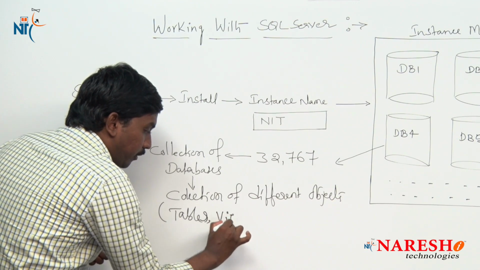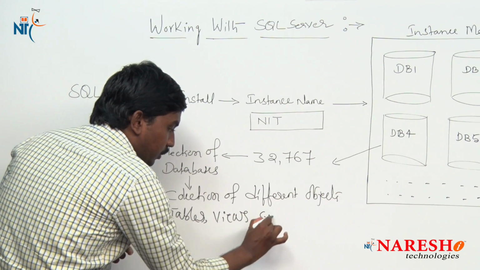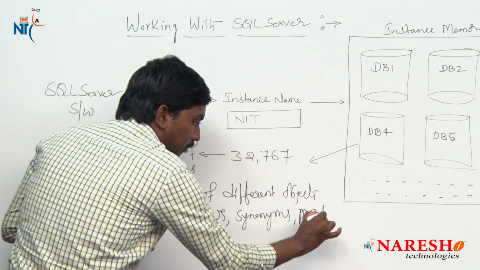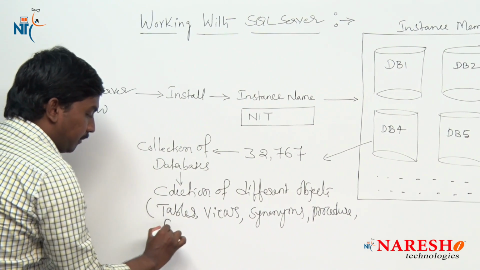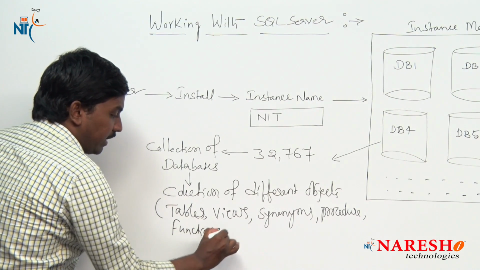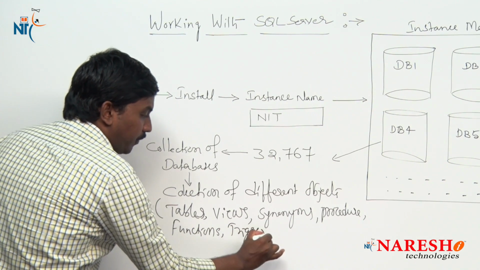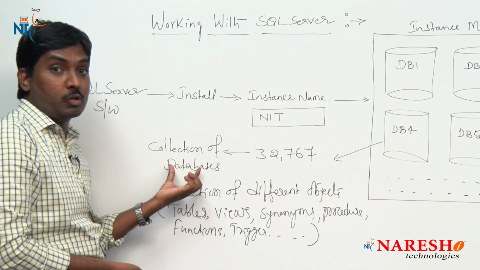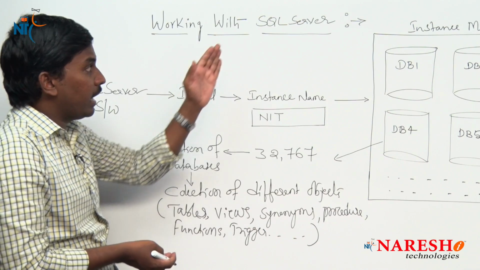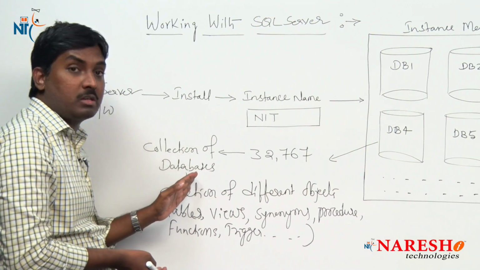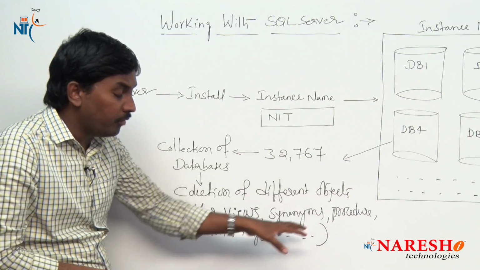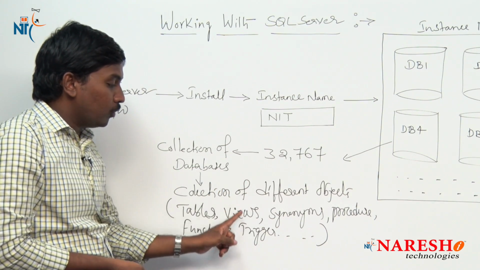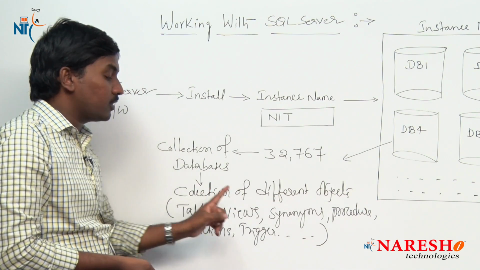Otherwise, I can create views, synonyms, procedures, functions, triggers, etc. So these kinds of objects I can create under my database. SQL Server is a collection of databases, whereas a database is a collection of different types of objects: tables, views, synonyms, procedures, functions and triggers.